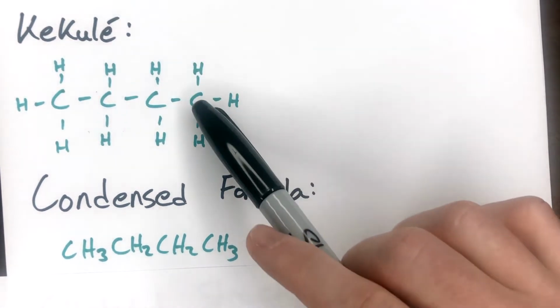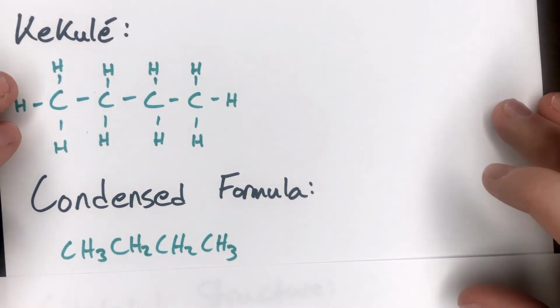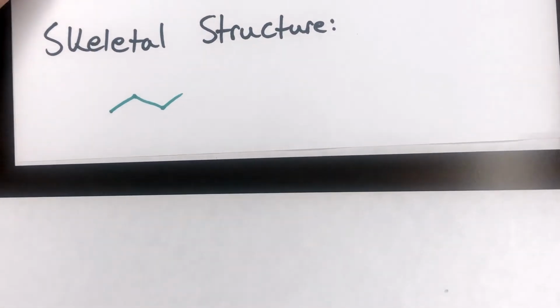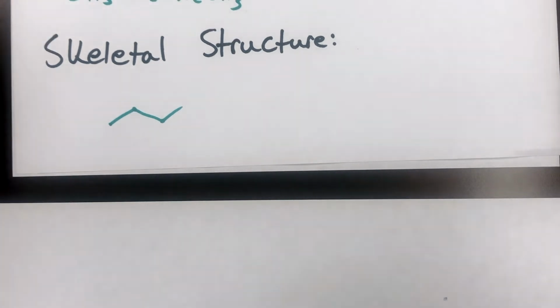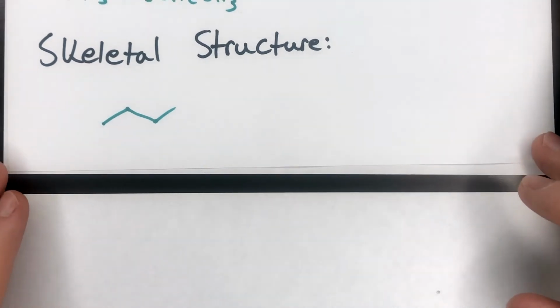And then another methyl group, the CH3. So the condensed formula shows all of this information without showing all those single bonds in the form of a line. And then to be the most abbreviated and the easiest to draw, there is the skeletal structure, which is just simply the 4 endpoints, and then all of those hydrogens are understood, which gives you butane.